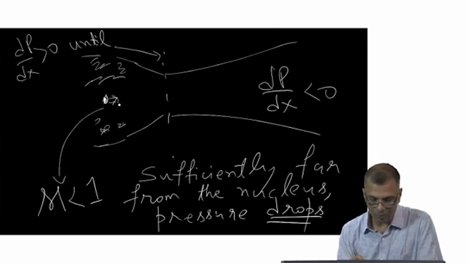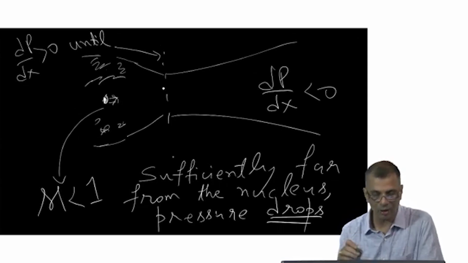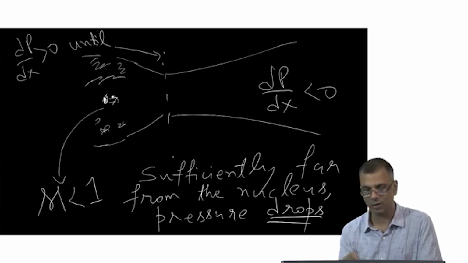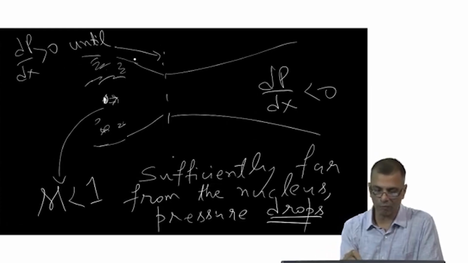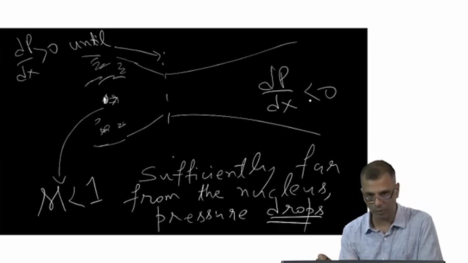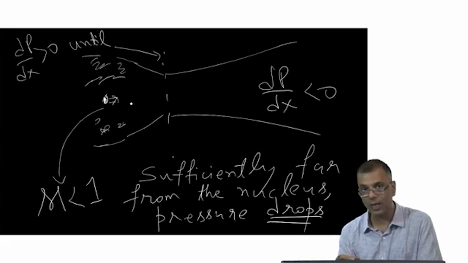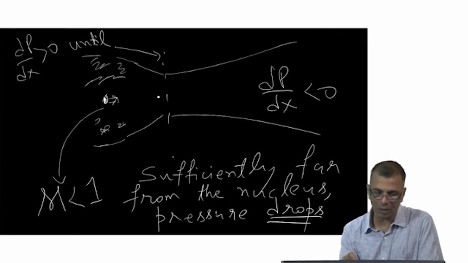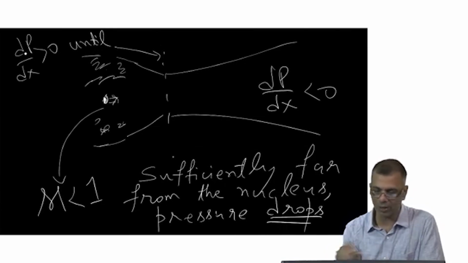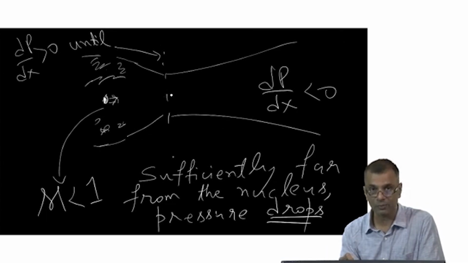the flow used to be subsonic until, and the other thing is, this drawing is not to scale. This is very, very close to the object, and all of these are quite far from the central object. Very close, the flow is subsonic, and you have to engineer in your mind the concept that around the time dP/dx changes sign from greater than 0 to less than 0, you have reached the sonic point.